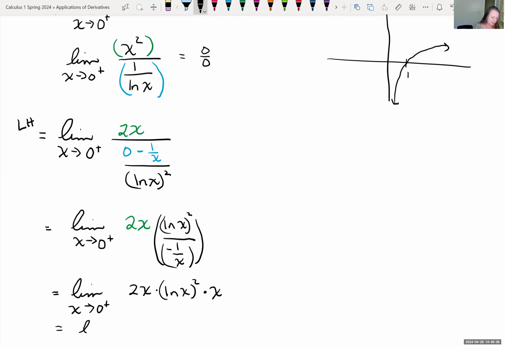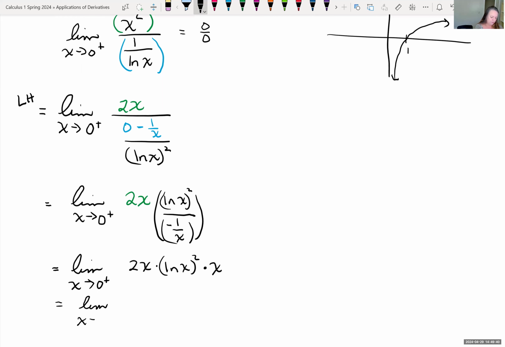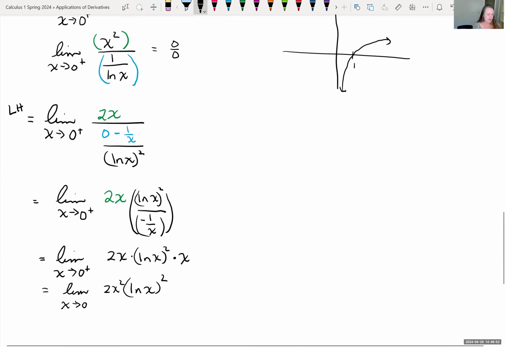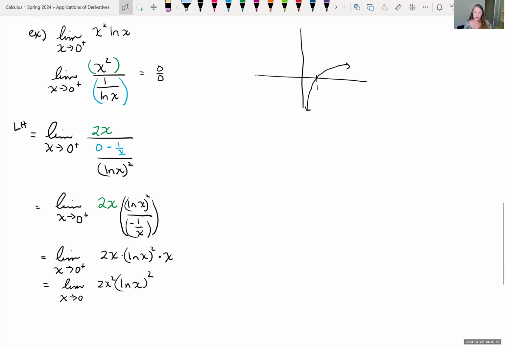Which did not look like it helped me any, because this is going to give me 2x squared times the natural log of x quantity squared. Okay, so that didn't work.